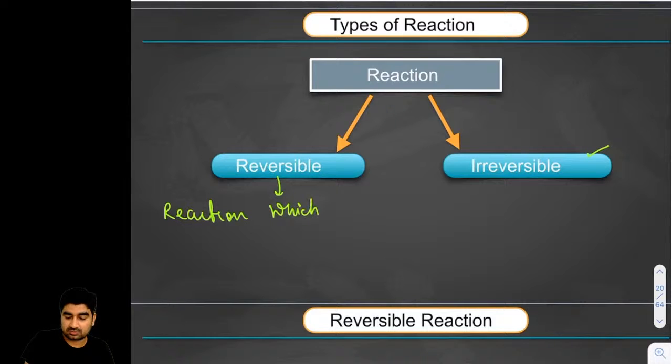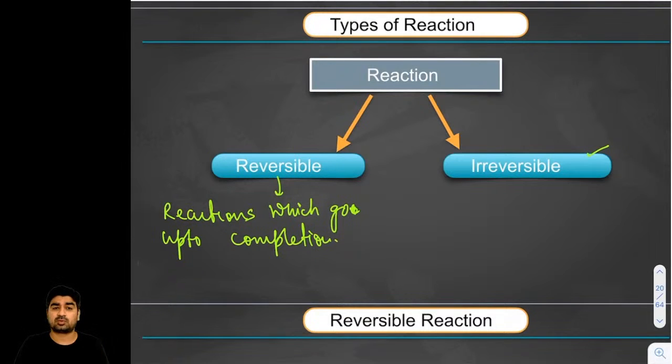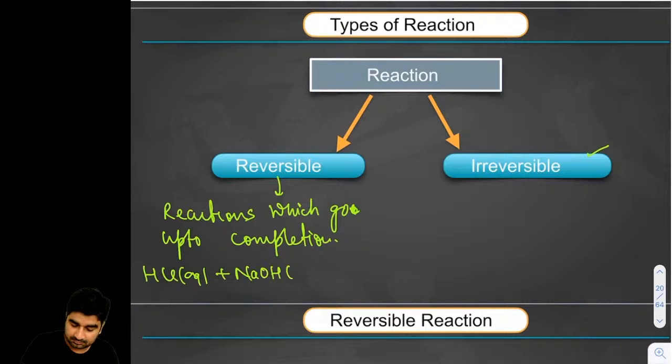These are the reactions which go up to completion. It means almost 100% or most of their reactant will be converted into product. Let me take one or two examples of it. If I'm taking the reaction between acid and base, I will be getting NaCl aqueous and H2O.